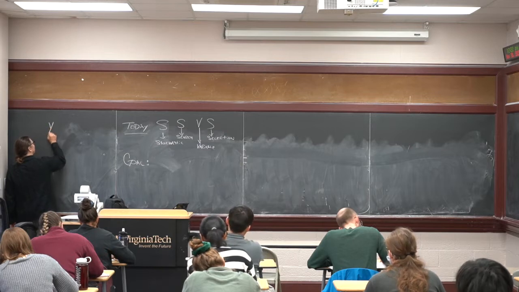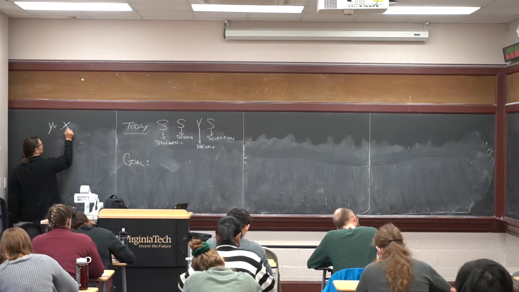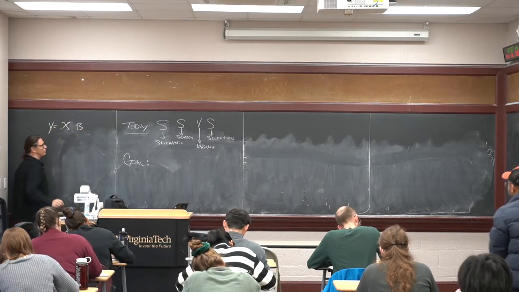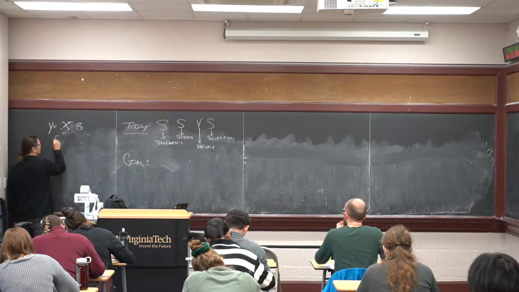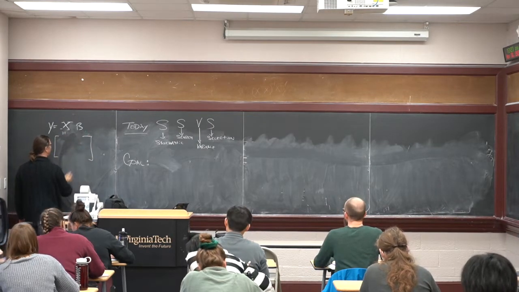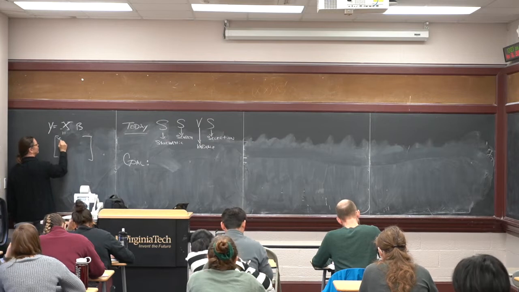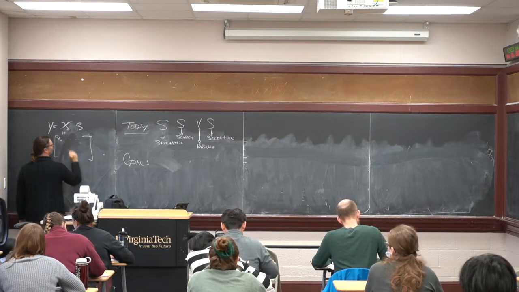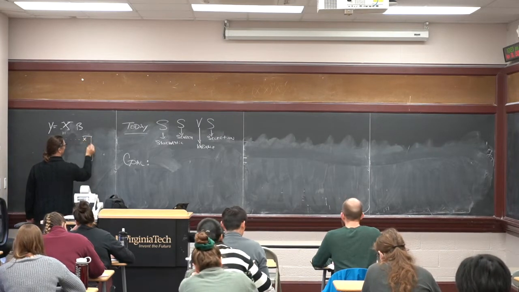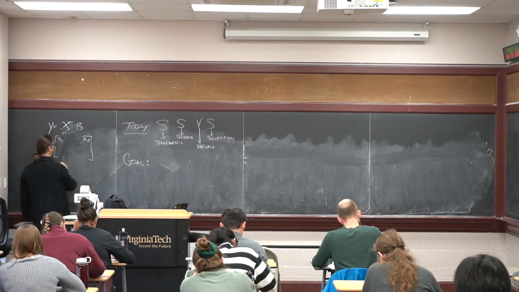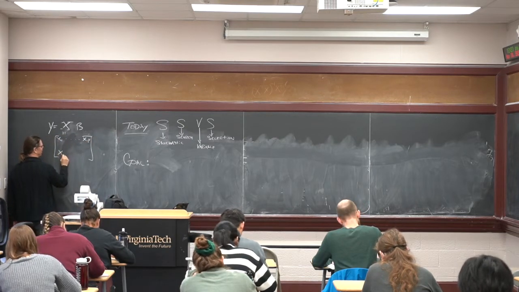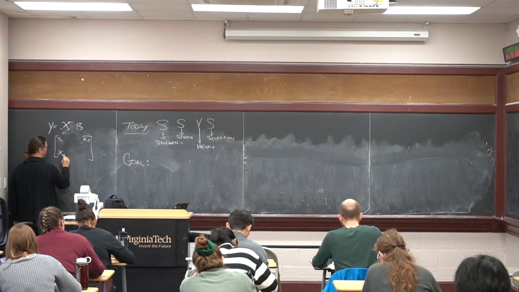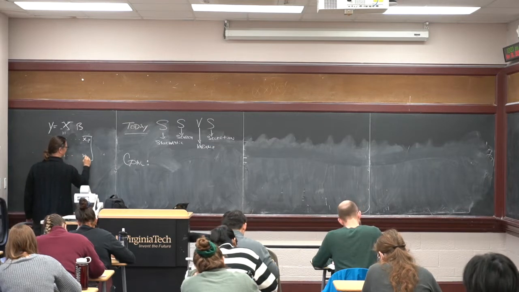So let's say y is equal to x beta, where this right here is a column of the x's, x1, all the way to x1p, x1, n1, all the way to xnp.